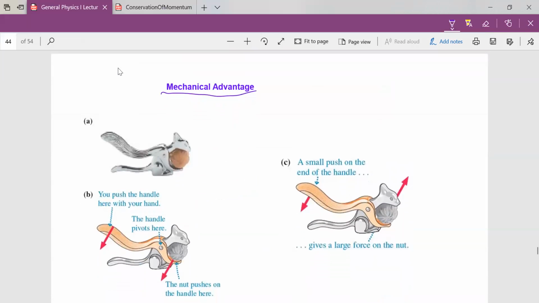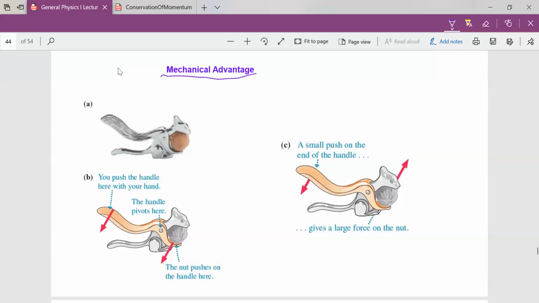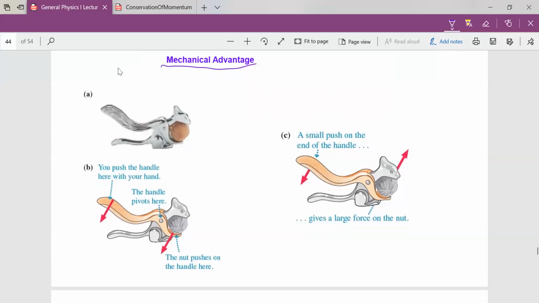Okay, so if we take a look at this nutcracker, we see the handle extending. We can see the pivot here, the load, which is the nut we want to crack, very close to something like an opening like a mouth. Just permit me to use that word, but it's not a mouth. Okay, then the handle is long.